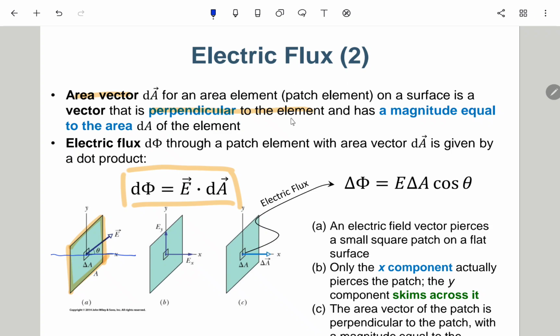Okay, so there will be two possibilities. One is that dA is pointing to the left side, or dA is pointing to the right side.